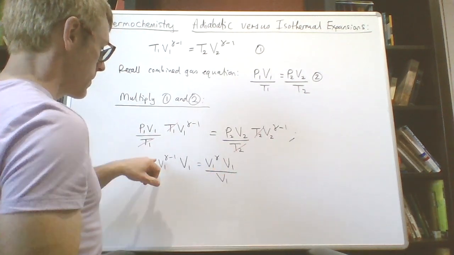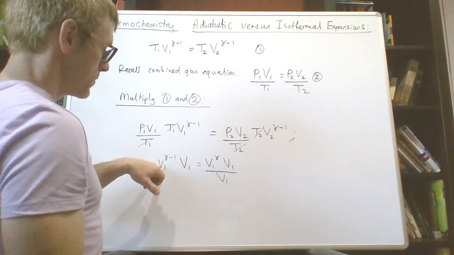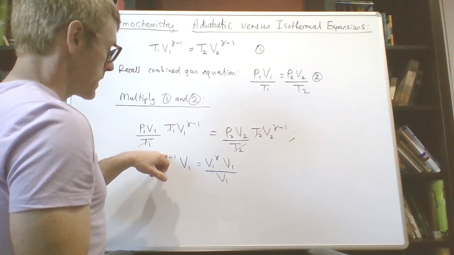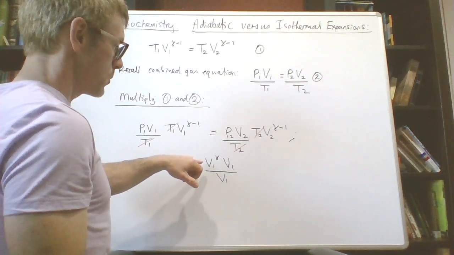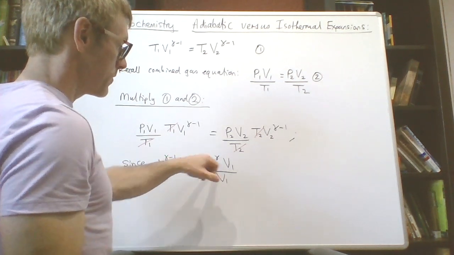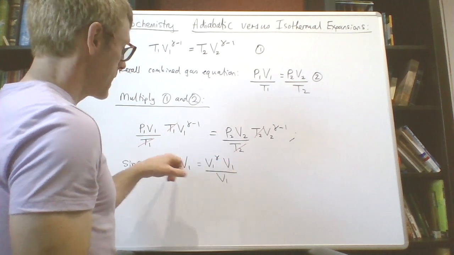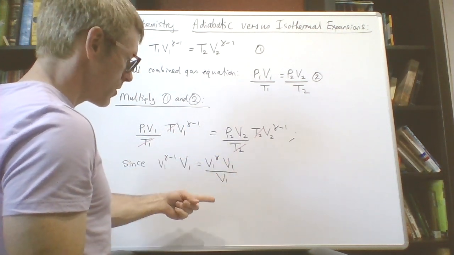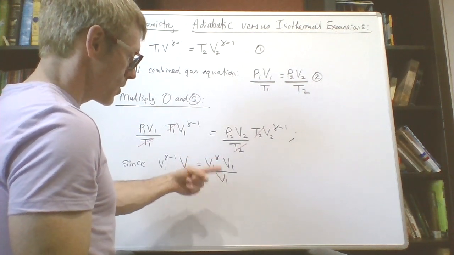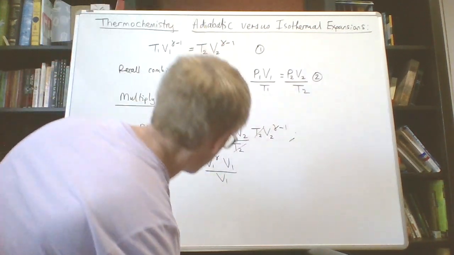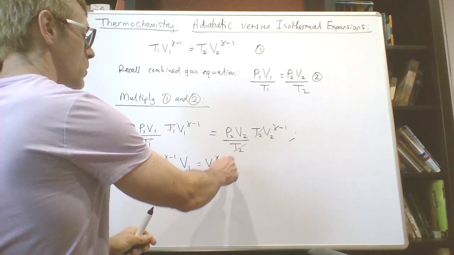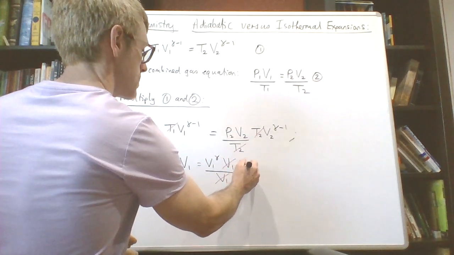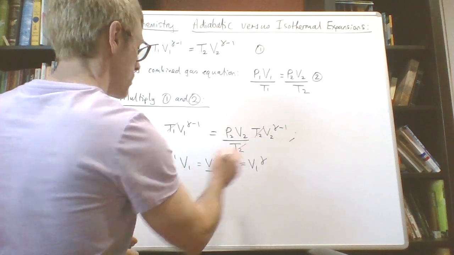So again, the way to interpret this, V1 to the gamma minus 1 is V1 to the gamma multiplied by V1. And then V1 to the minus 1, well, anything to the minus 1 is 1 over. So it's just 1 over V1. So the V1s cancel, and I'm left with just V1 to the gamma.